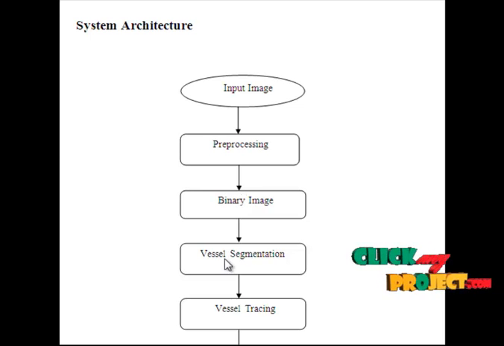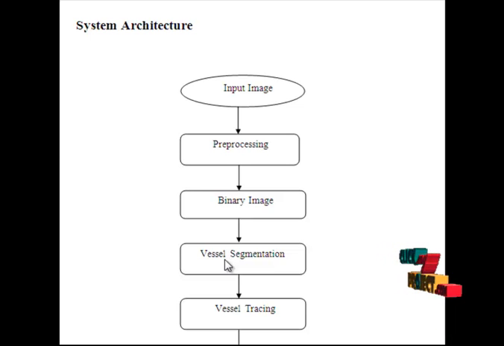In vessel segmentation, here we eliminate non-vessel from the segmented binary image. By the use of morphological operation, we eliminate the non-vessel pixel region. Morphological operation is a collection of non-linear operations related to the shape or morphology of features in an image.